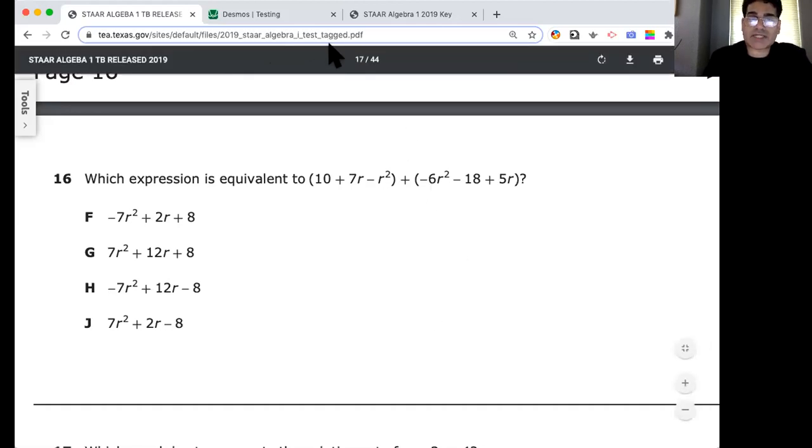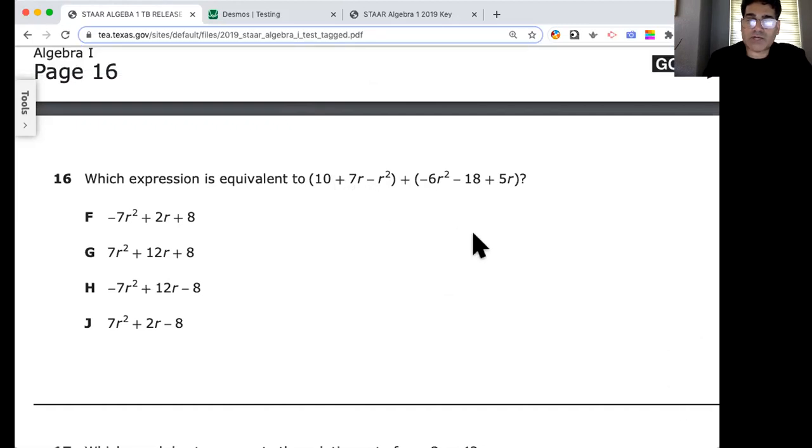We try to recognize that there are how many types of variables? We got some R squares, right? And let's do that. R squares. We have a series of R's, and we have a whole number, right?